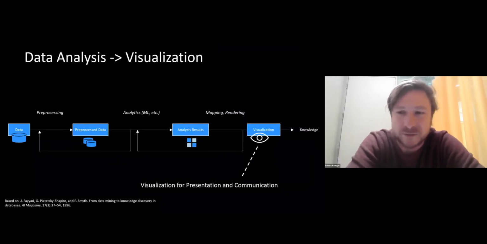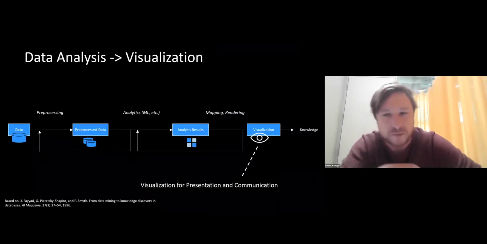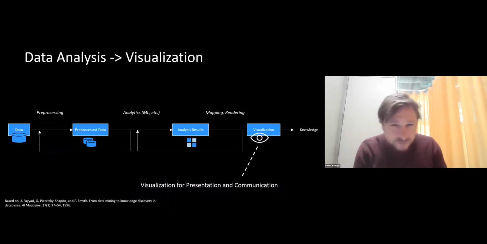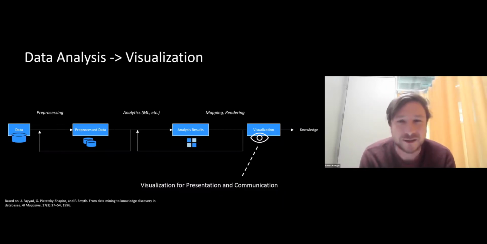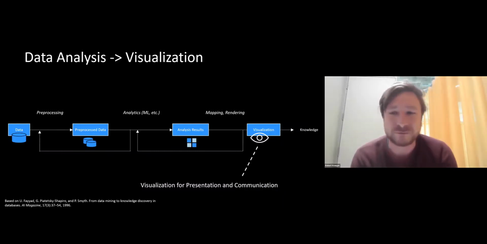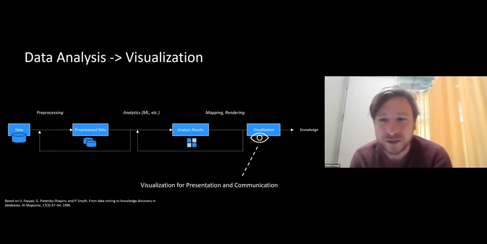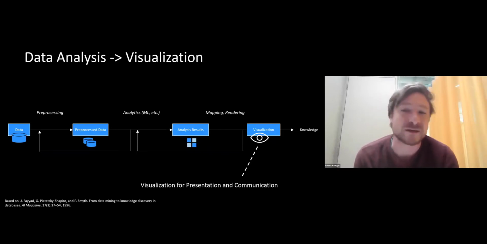And a suitable method that draws on human capabilities to rapidly process this information and to detect patterns by eye is visualization. And often visualization is primarily used as a means to present or communicate the results after data preprocessing, after the analysis. And that is, of course, very useful and helpful to do.